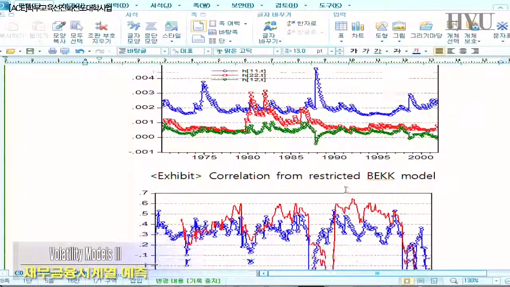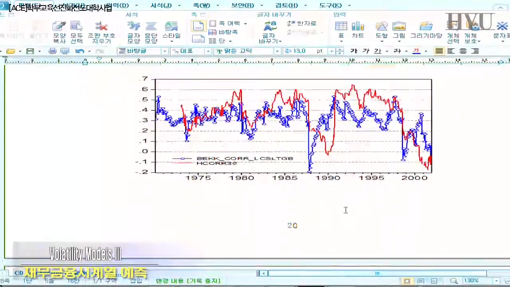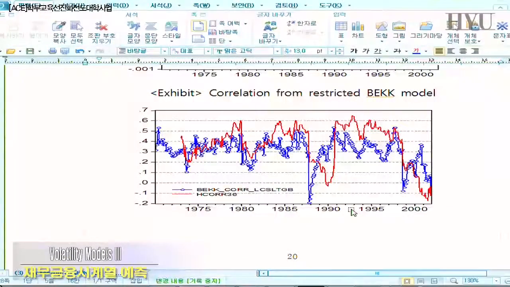So if you calculate the time-varying correlation, this blue is the one from the BEKK model, and the red one is the counterpart, the historical correlation we learned at the beginning.